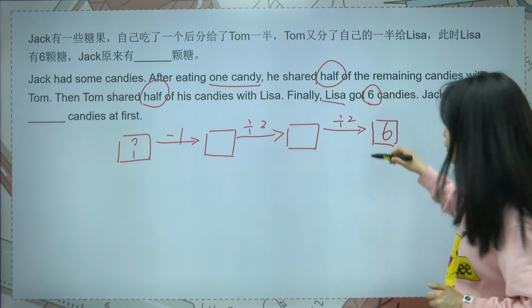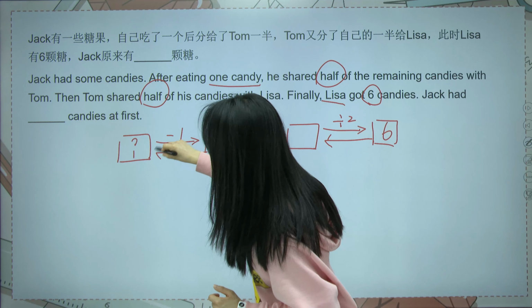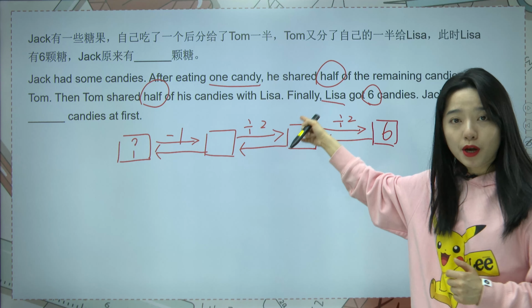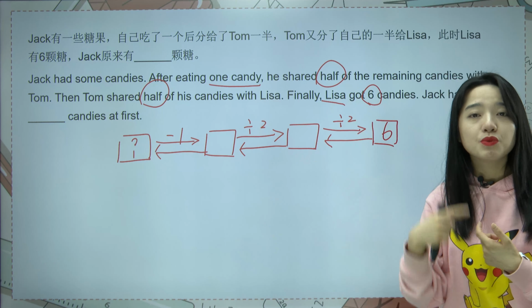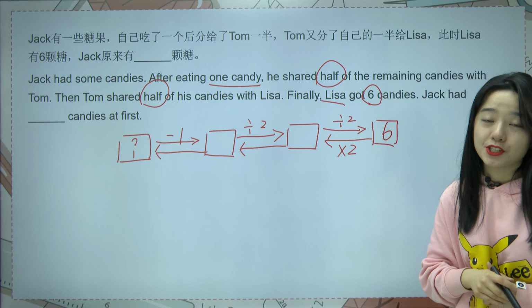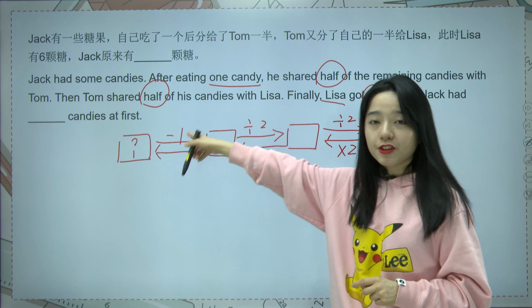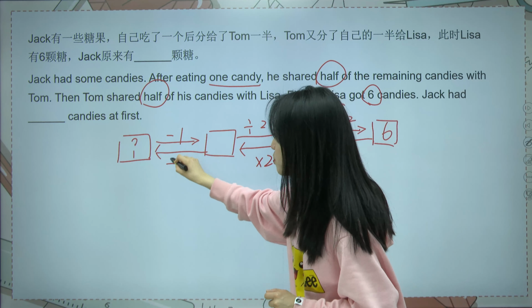Now let's turn around all arrows first. When we work forwards, it is divided by 2. Working backwards, it will become times 2. The inverse operation of division is multiplication. And minus 1 becomes plus 1.